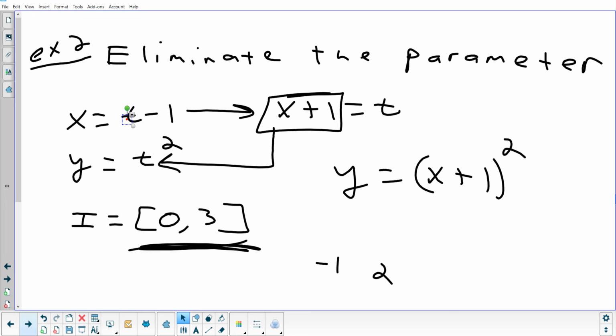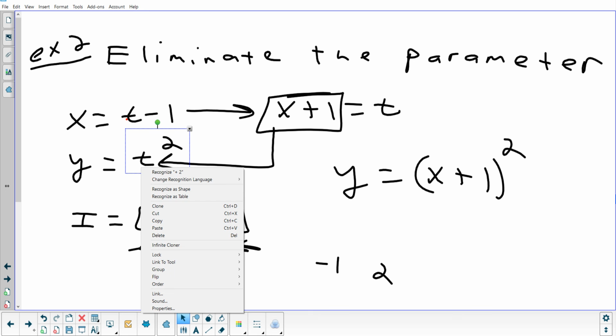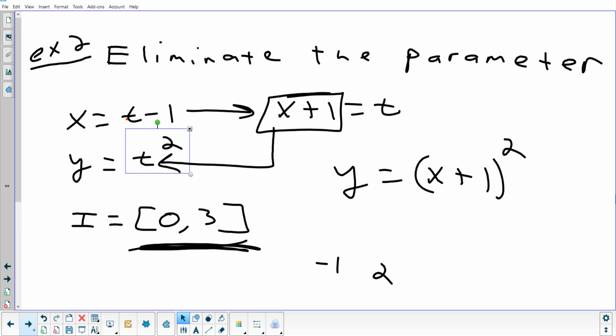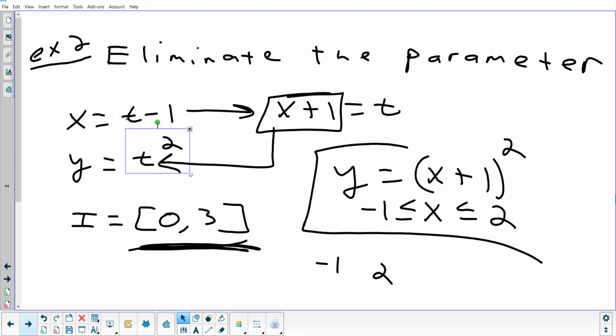I just figured out the low value and the high value for the x's. I don't need the low and the high value for the y's. When you write a restriction, you never write about the y's. You always write about the domain, which is the x's. So the x's are from -1 to 2. So if you were sketching this, I would want you to sketch this parabola, but you are only allowed to plug in numbers from -1 to 2.